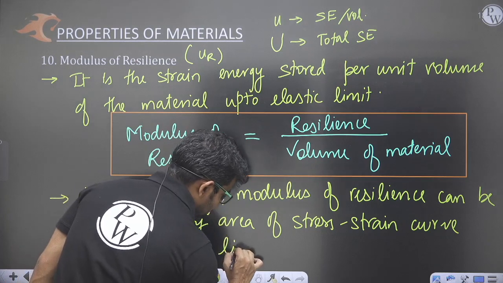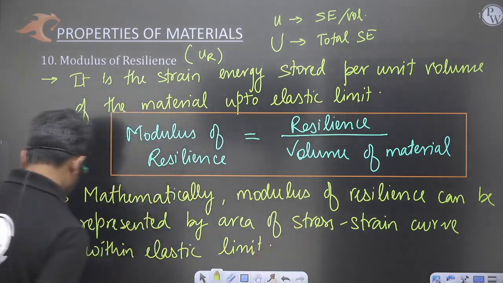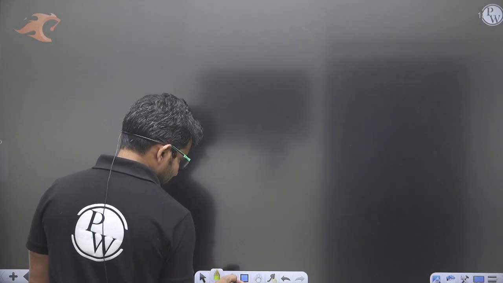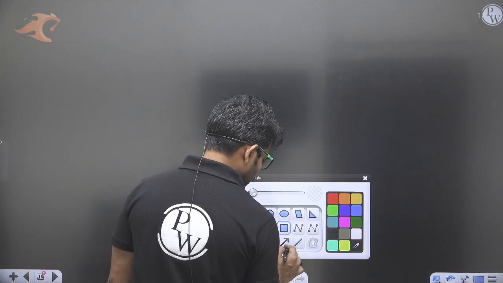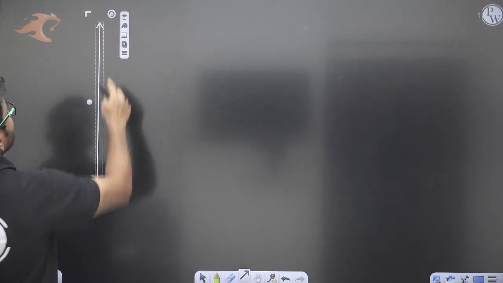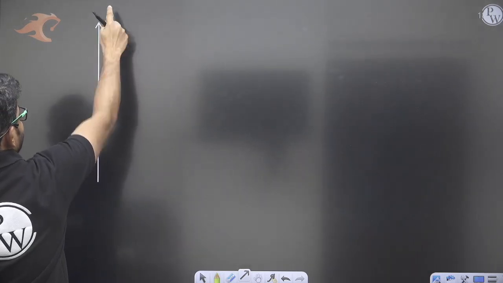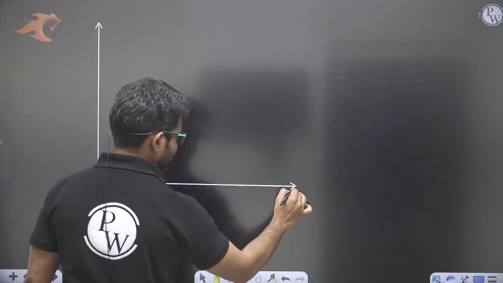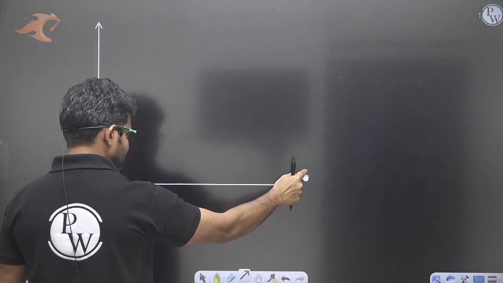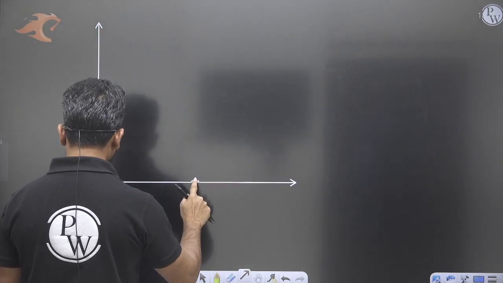Okay, so let us represent the resilience, or modulus of resilience, also. Let us draw the stress strain curve of the material. Now we will be studying only linear elastic materials.